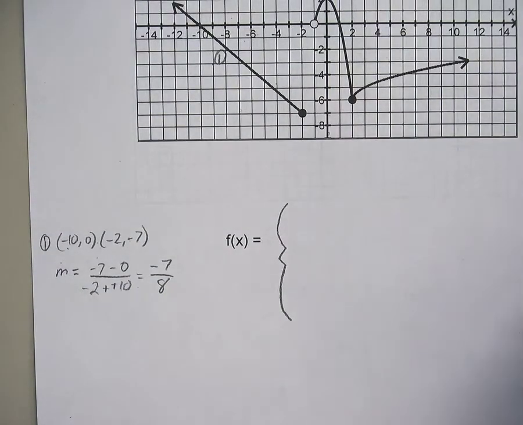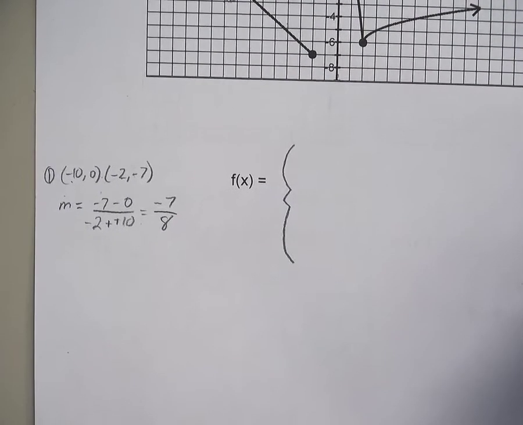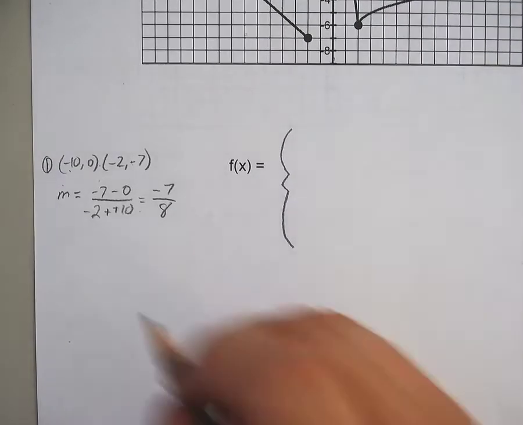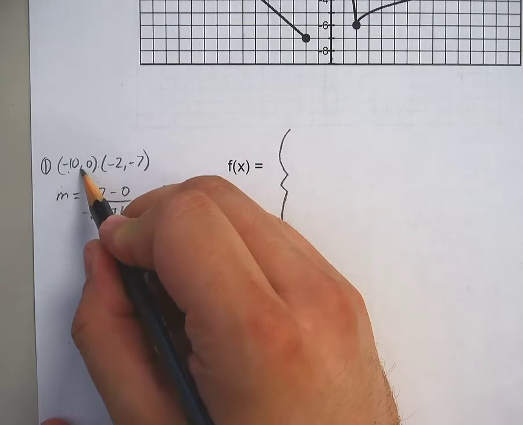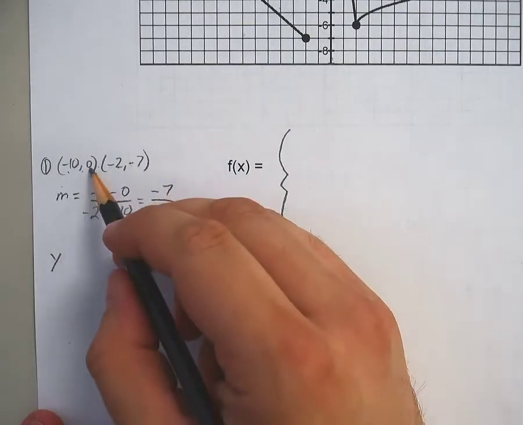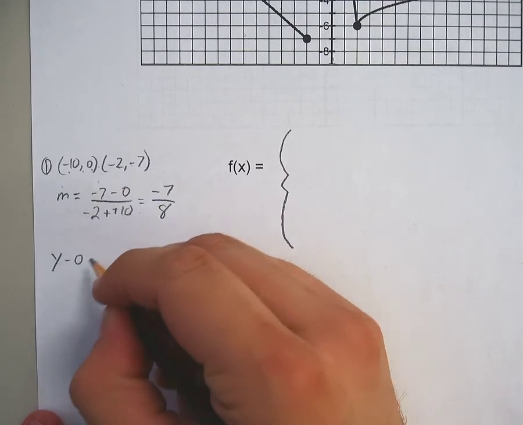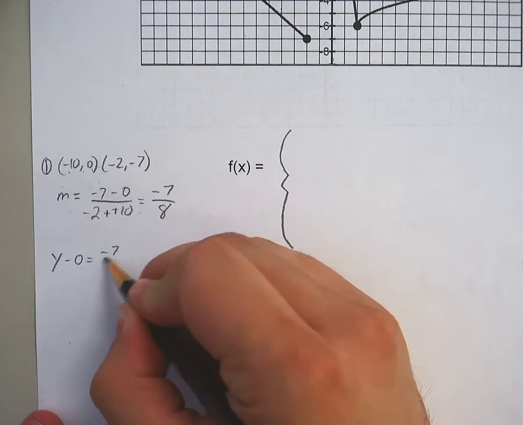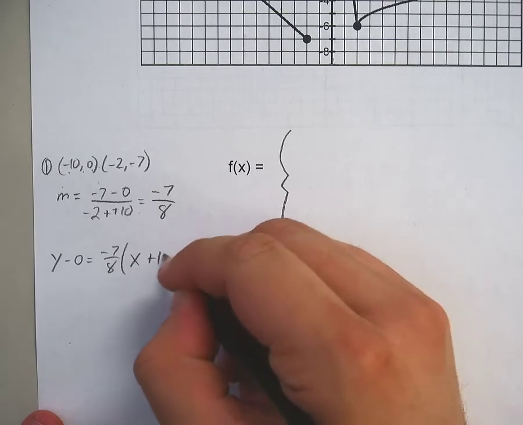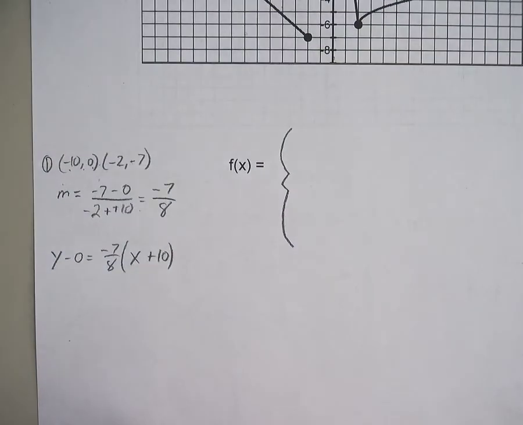This looks interesting. All right, and then y minus y1. I'm going to pick this first point here. Or excuse me, not y2, but y minus y1 equals m, negative 7/8, times x plus 10, x minus x1.